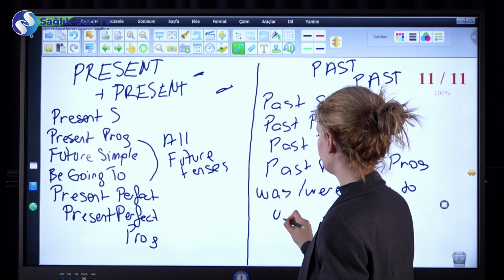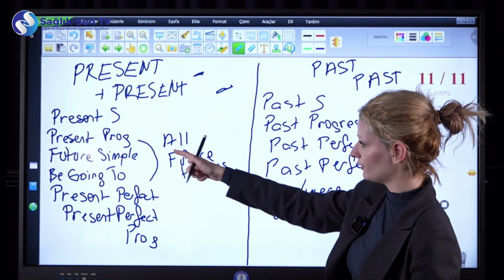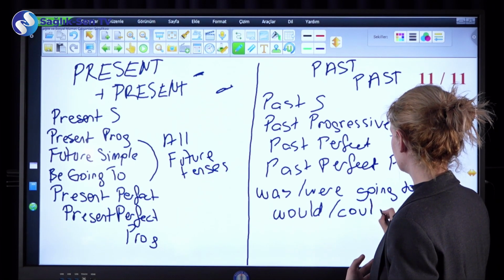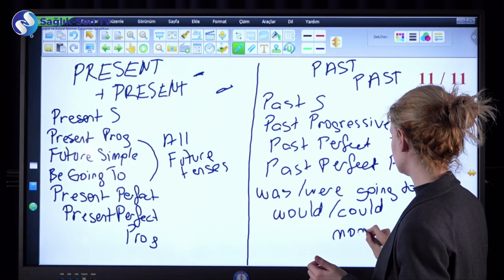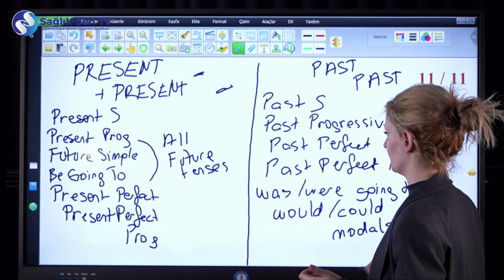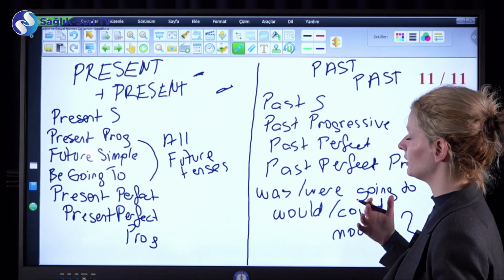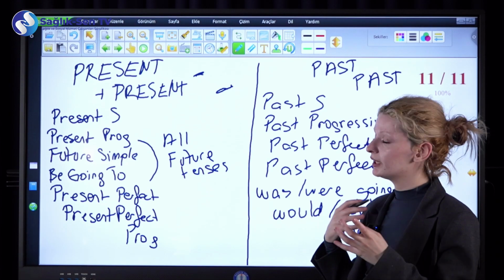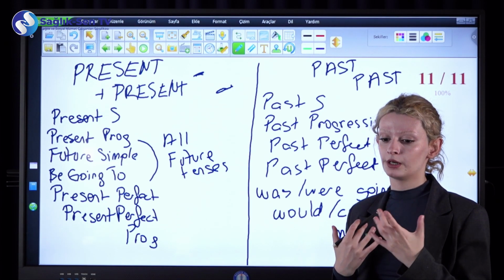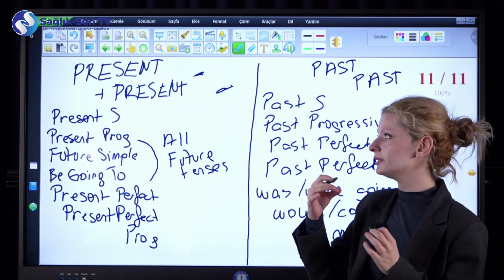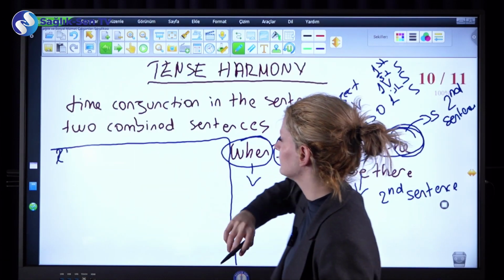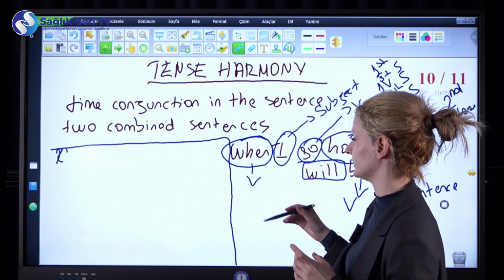Or I can have the past of will and can, for example, would, could, or modals too, since we're talking about modals. So this is a very key point if you're preparing for an English exam, or if you're truly B2 or C1, you need this to build meaningful sentences.